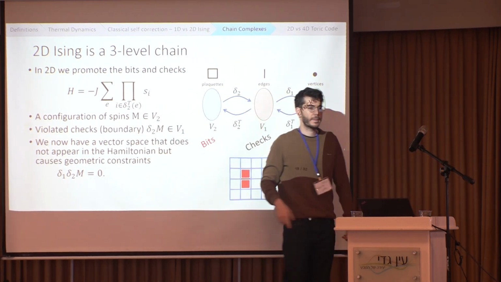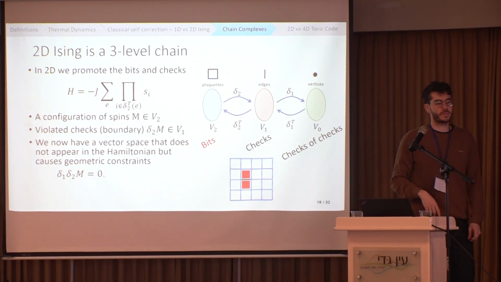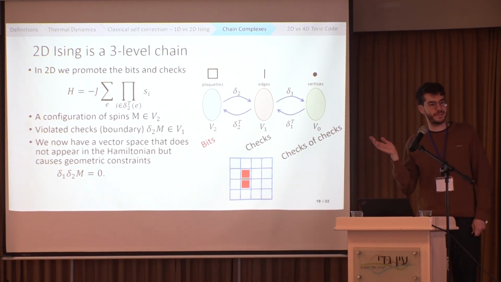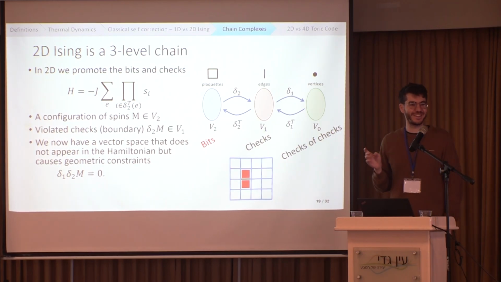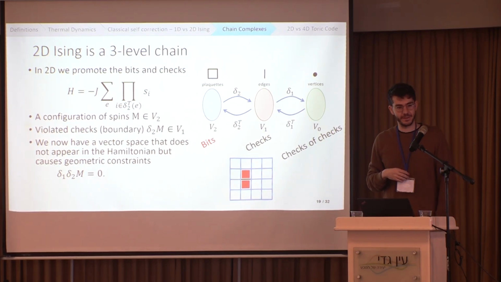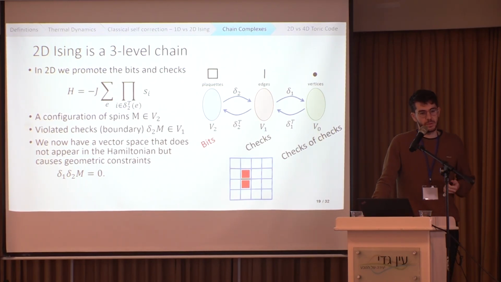Why? Because I decided. So what happened here is that you now want, by your definition, to describe the 2D Ising model where the checks are that each two neighboring spins are the same. You now want to represent it in the language of chain complex.